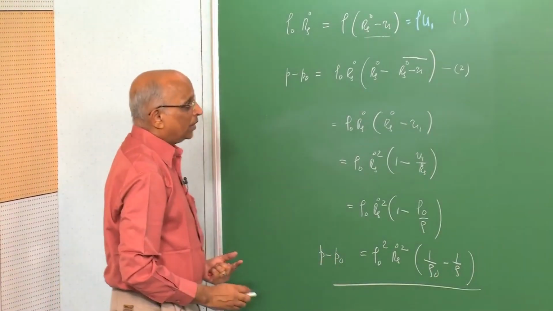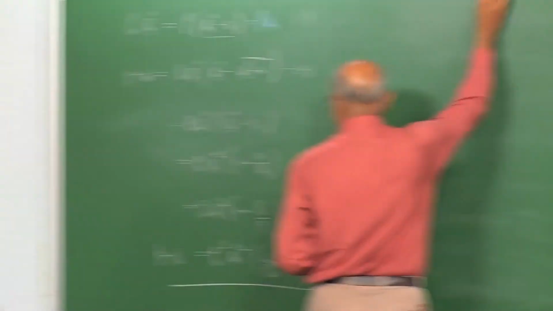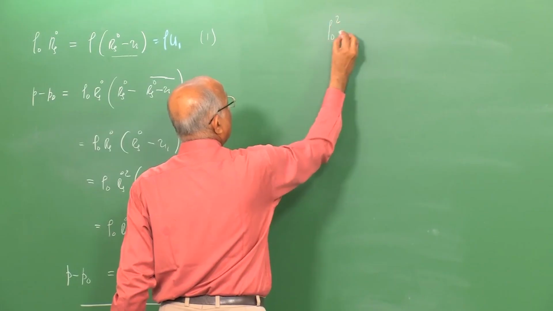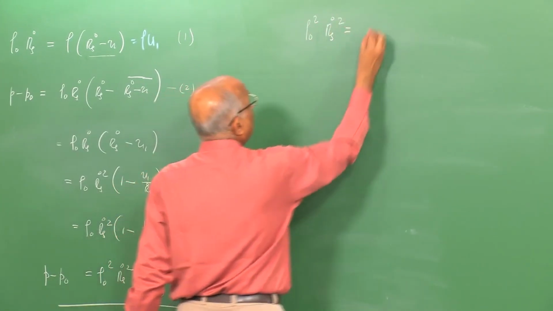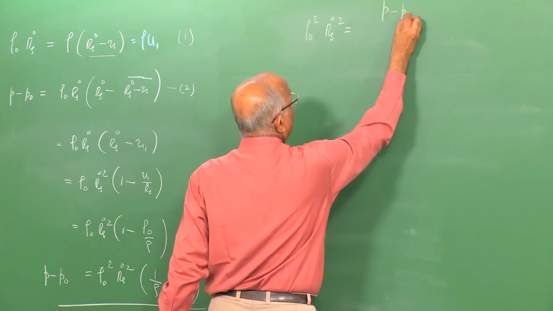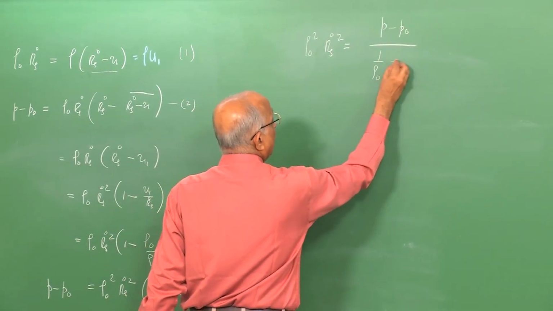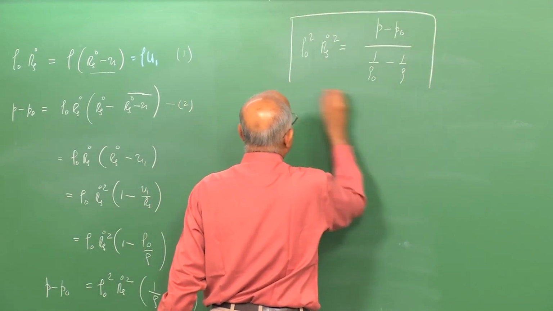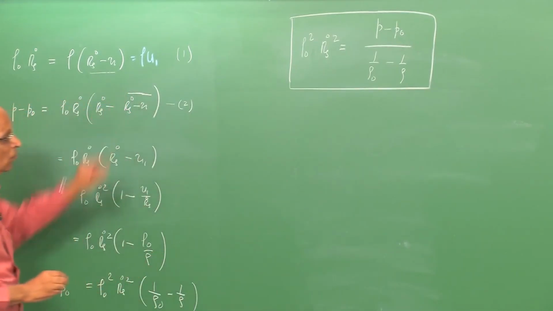I get the equation as rho naught square, that is the initial density square, into r s dot square is equal to p minus p naught divided by 1 over rho naught minus 1 over rho. This is what I get by solving the continuity equation 1 with the momentum equation 2.